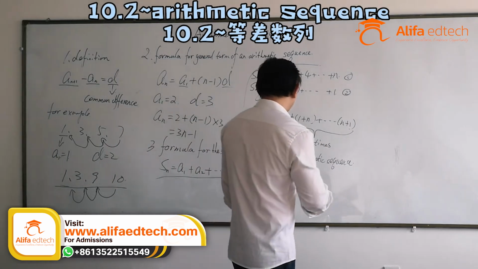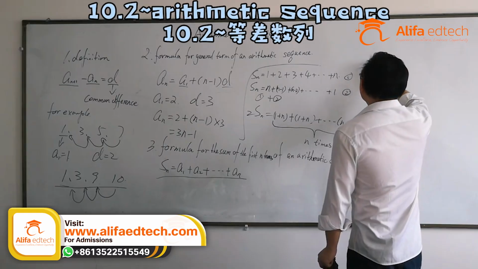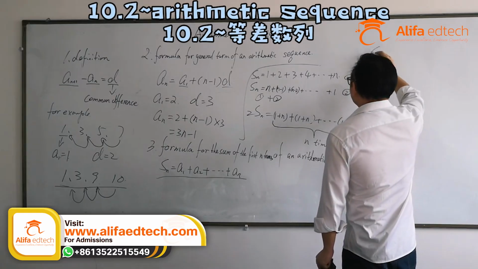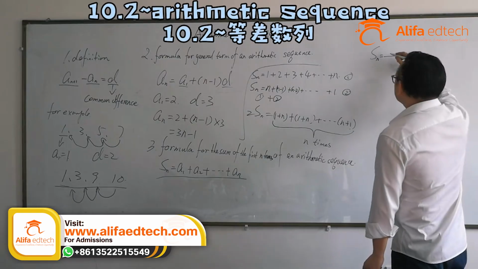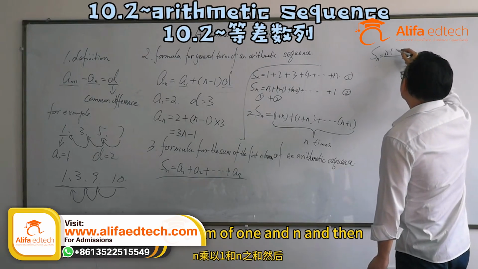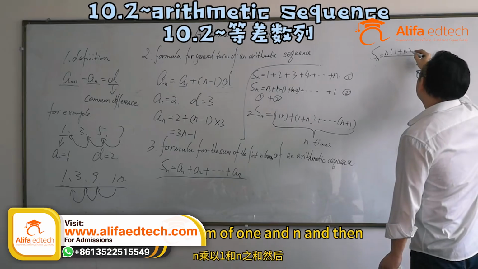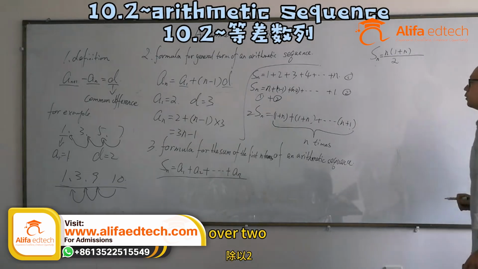So Sn equals n times the sum of 1 and n, and then over 2.